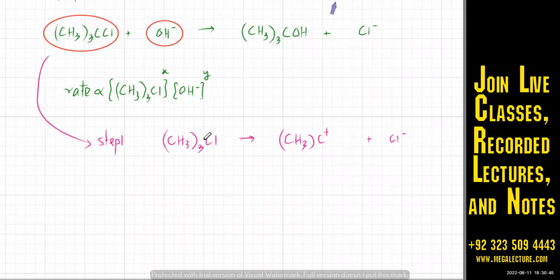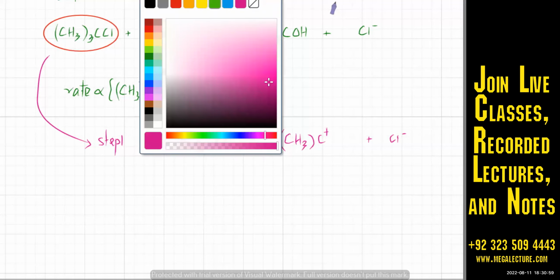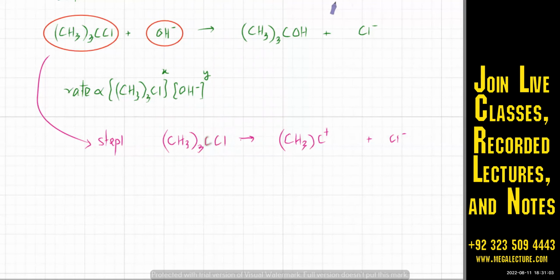And there's a C over here as well, because there are 3 methyl groups attached to this carbon atom, right? Then you've got a Cl. Anyway, so that's the first step.